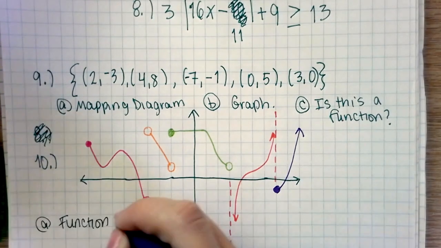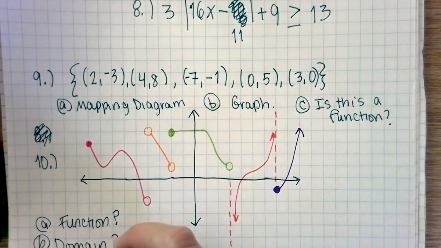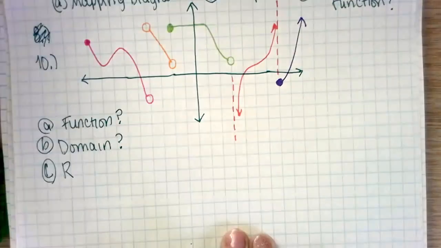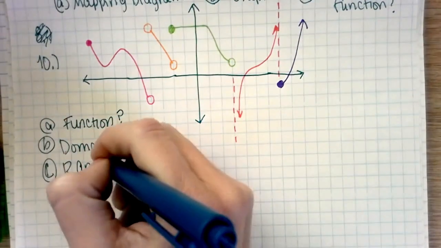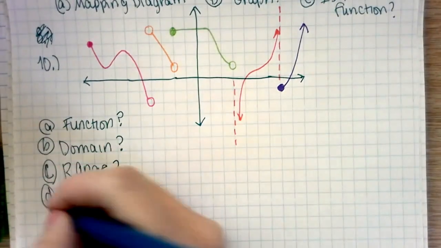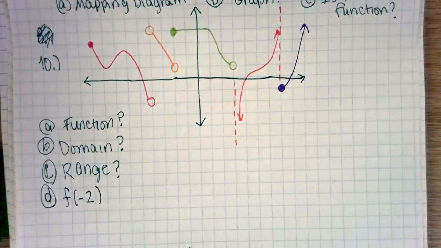So question 10A, function, domain, C would be range. Sorry, running out of room. Okay, obviously we write these with interval notation. And D, maybe I even ask a couple other questions. Maybe I ask you, what's the f of -2?